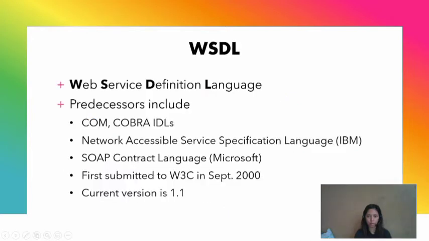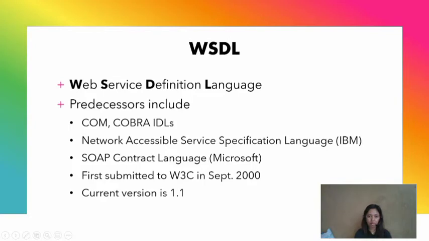WSDL or Web Service Definition Language. The WSDL is an XML notation for describing a web service. A WSDL tells a client how to compose a web service request and describes the interface that is provided by the web service provider.